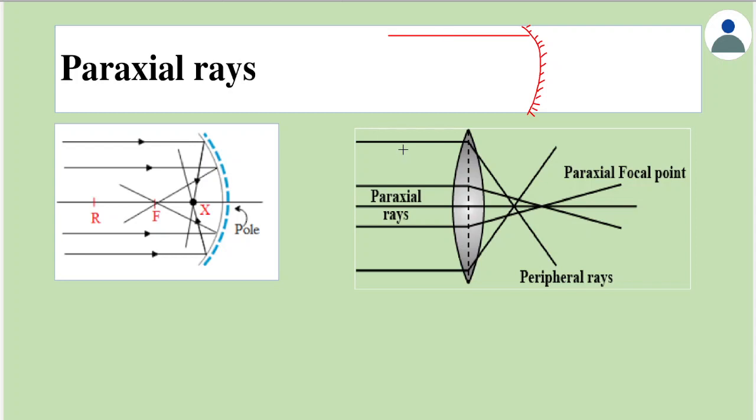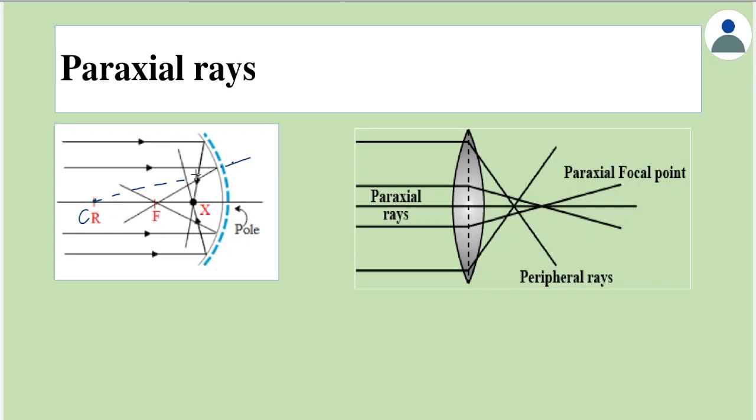The second point for this assumption is that for paraxial rays, the angle which the light ray makes with the normal would be very small. For example, if you look at this as the center of the lens, then for this ray, this would be the normal.